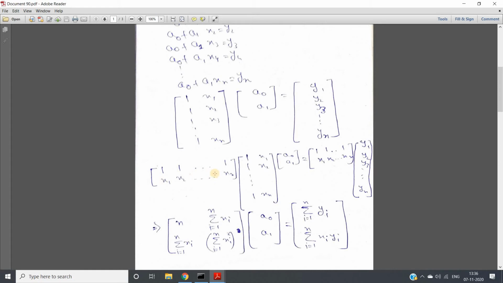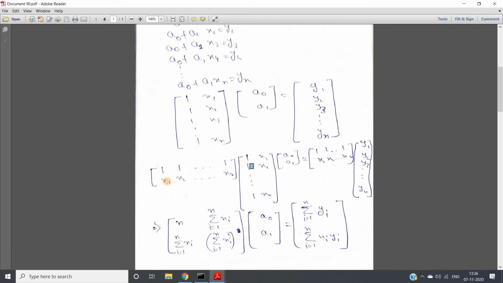Okay, now coming to the second row, x1 multiplied by 1 plus x2 multiplied by 1 and so on, xn multiplied by 1. So basically if you just add, you will get x1 plus x2 up to plus xn. That also you can replace like this, which is the summation over i equal to 1 to n of xi.